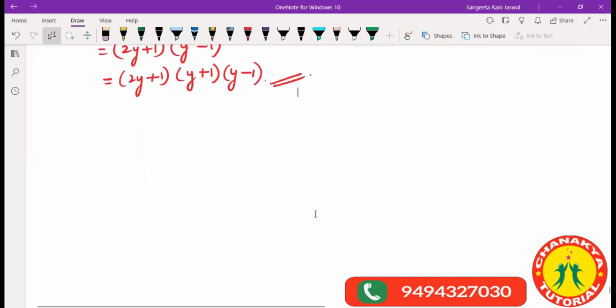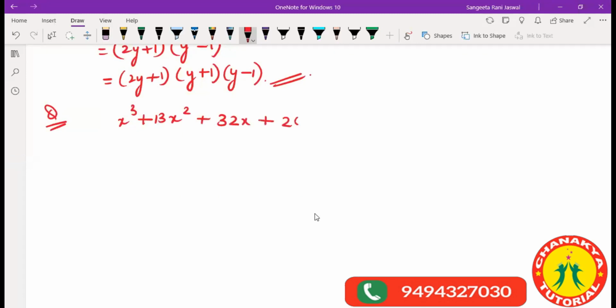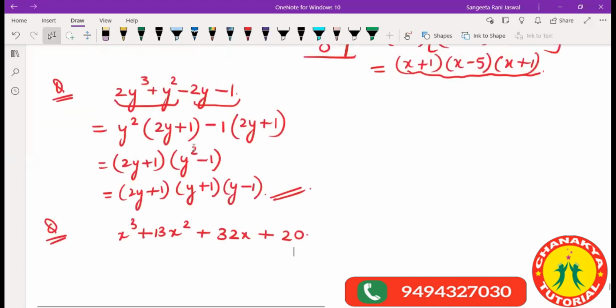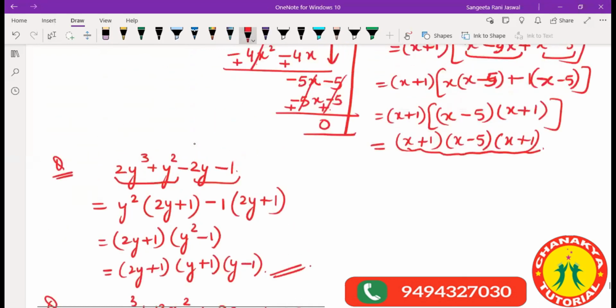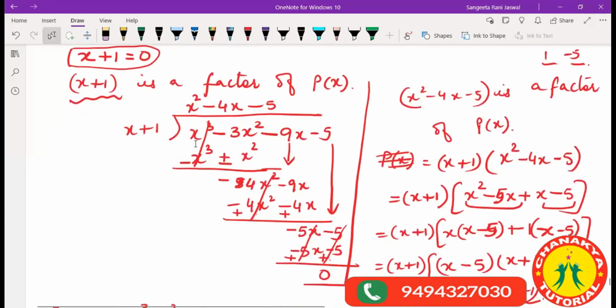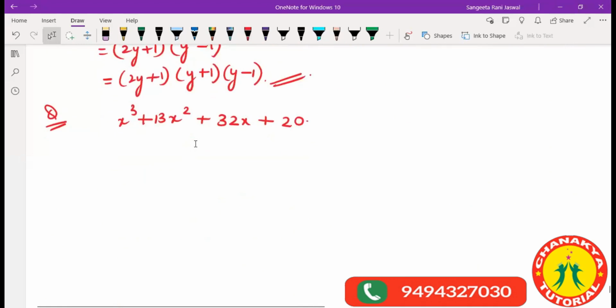Now let's see another one. This is x cube plus 13x square plus 32x plus 20. Just check whether you can do this equation as you did the previous question. If you cannot, then you have to use the division way, finding the factors of 20 first.